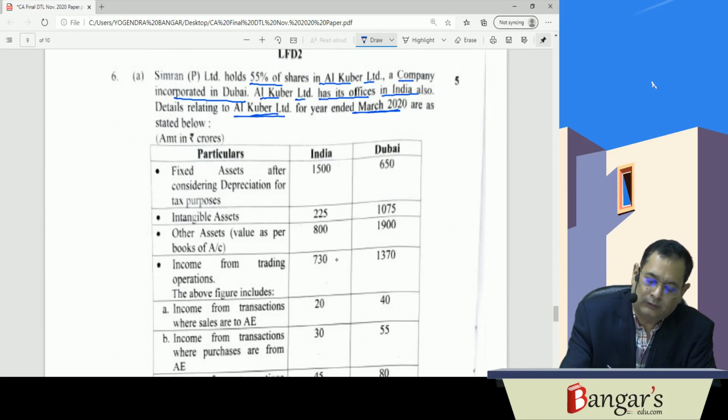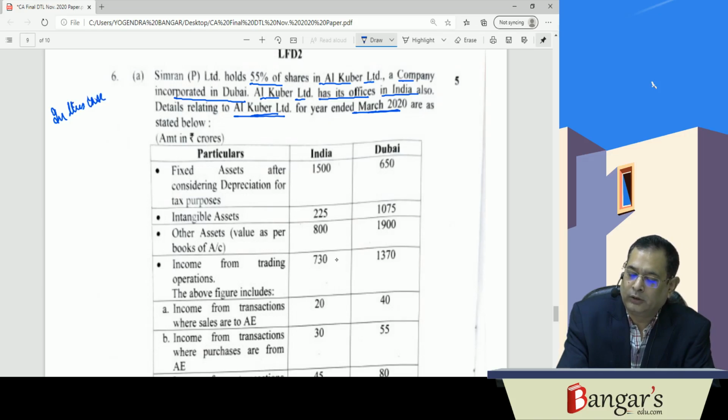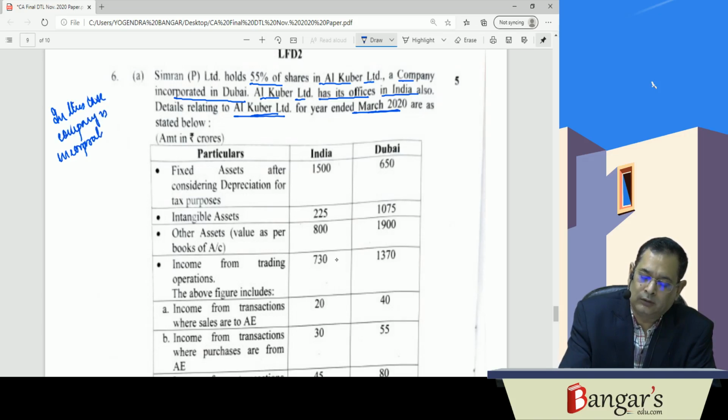Now, in this case, the company is incorporated in Dubai.